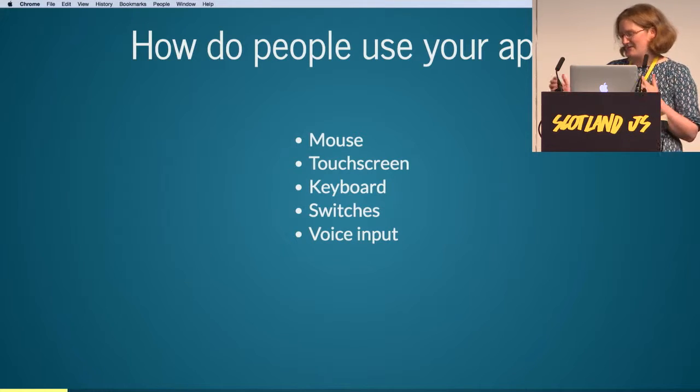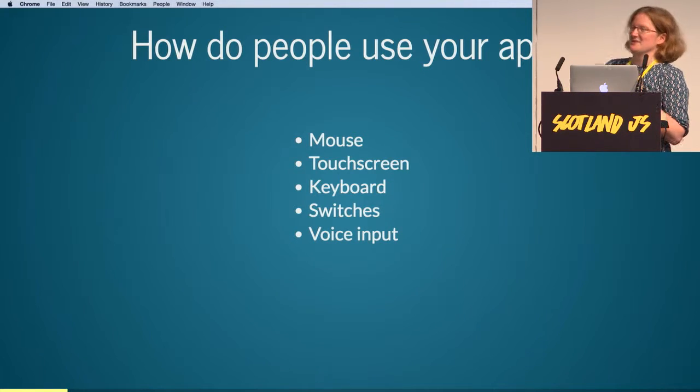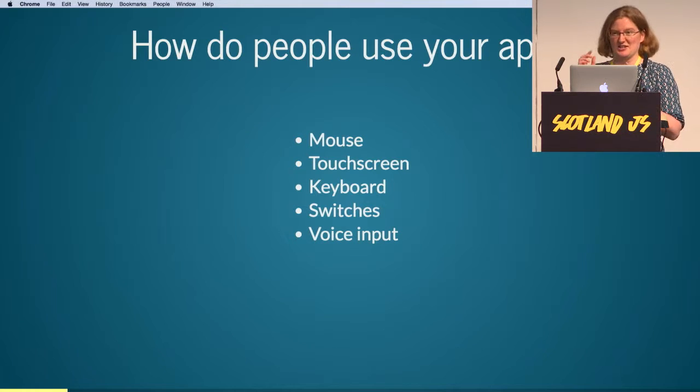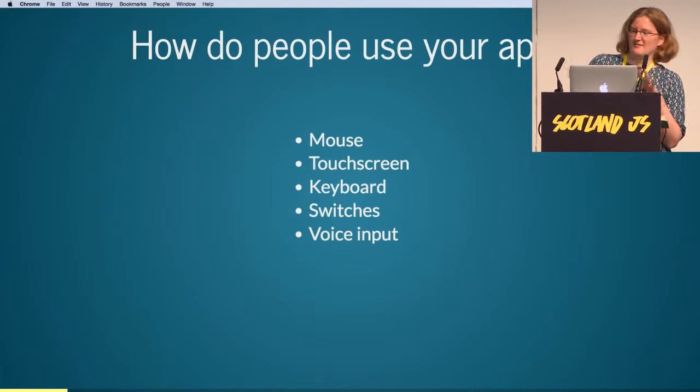Say, for example, a sip and puff device, which is like a straw that responds to pressure. So someone who has no use of any of their limbs can control things by just blowing into a straw. And these are often connected to an on-screen keyboard, which they can then control.